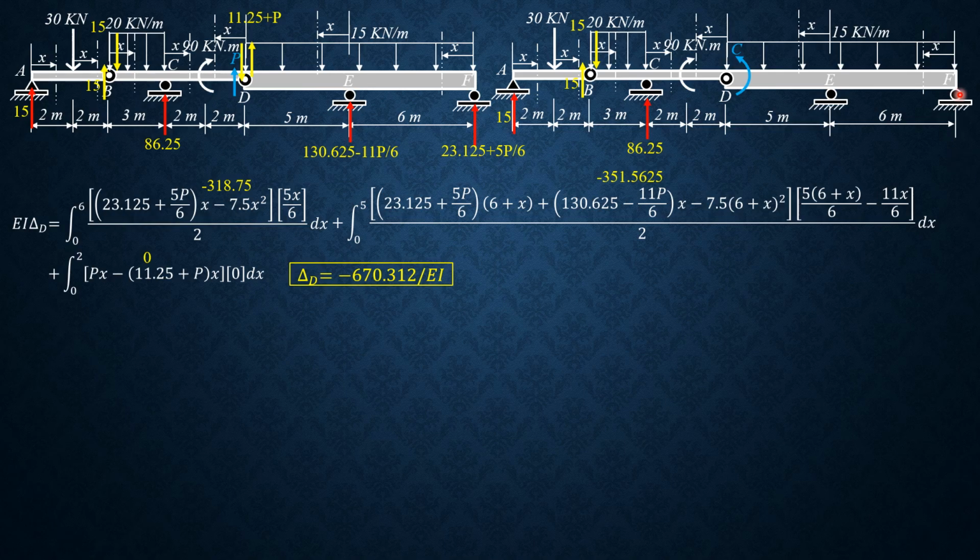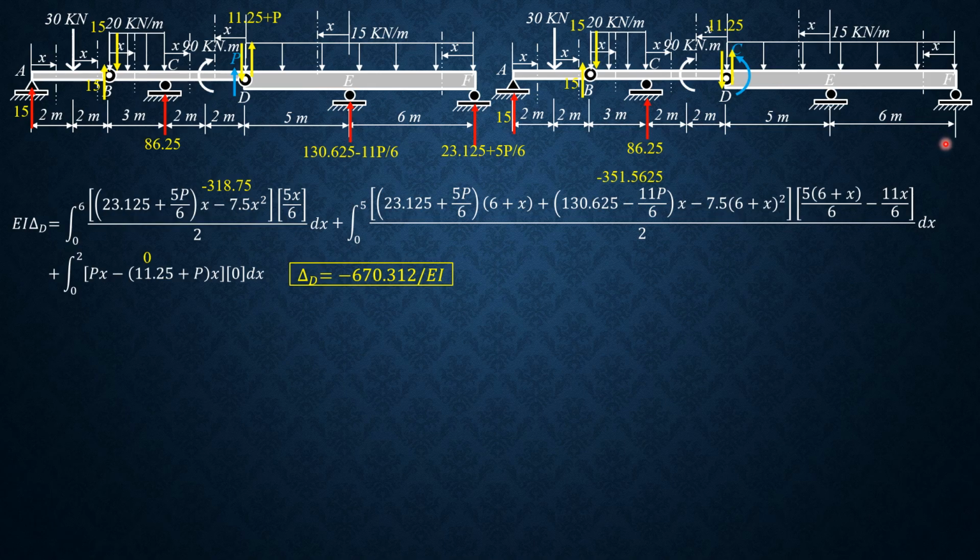Reaction at F, summation of moment about D. By the way, this is 11.25 only, not a function of the couple. If we sum up moment about E, because this is not a function of the couple, RF times 6 plus couple equals 0.